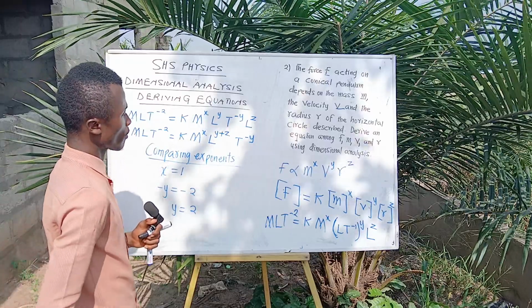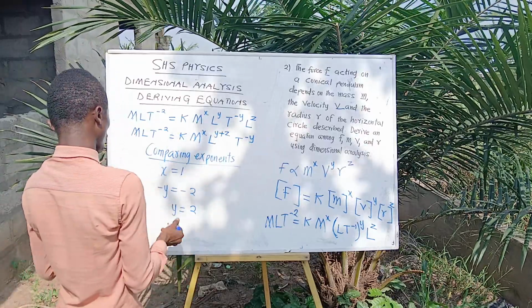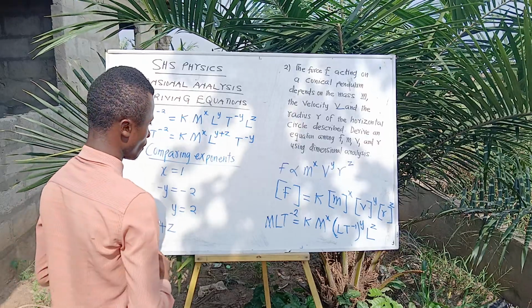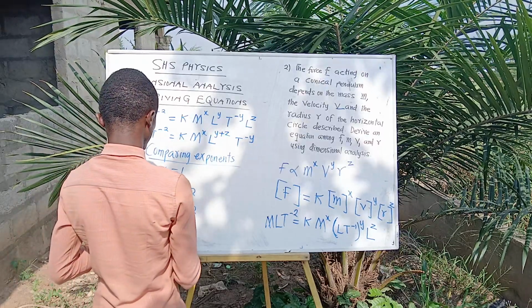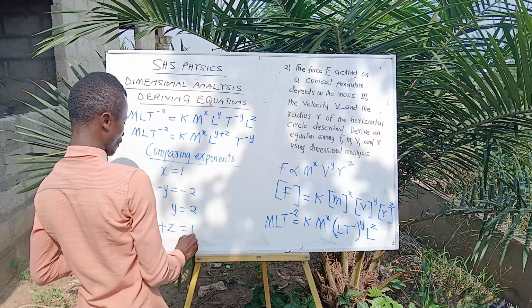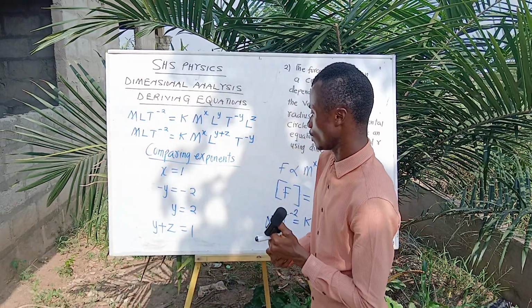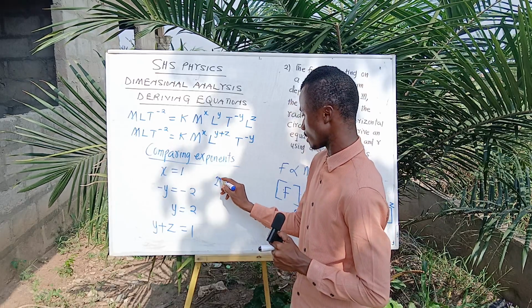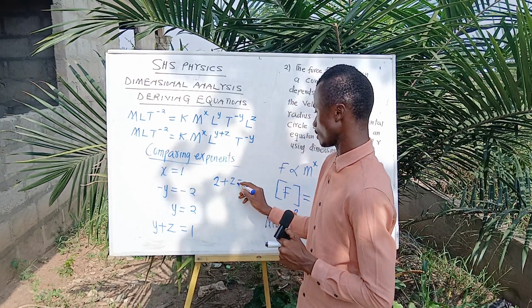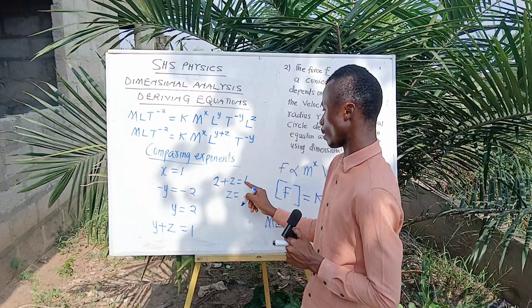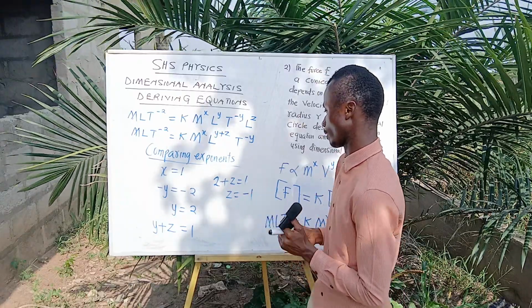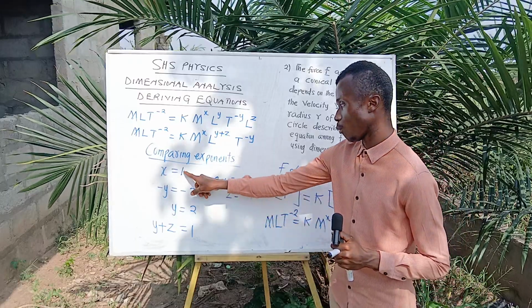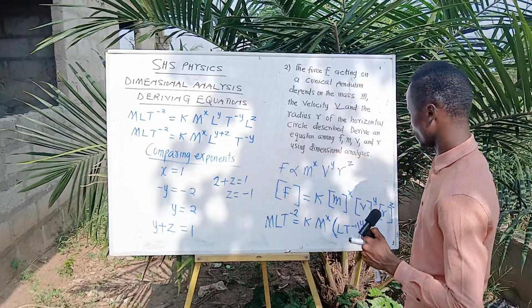The last thing is comparing the exponent of L. For L, y plus z is equal to 1. We know y to be 2. What is z? So 2 plus z is equal to 1, and therefore z is equal to 1 minus 2, which is -1. So our exponents are 1, 2, and -1.